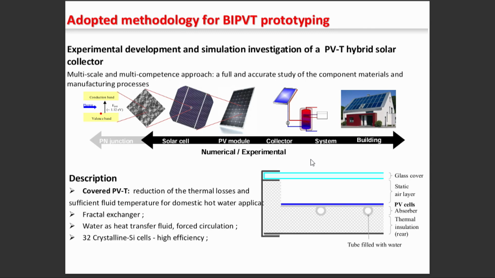So for the prototype that we are developing, we are not manufacturing the cells, but we are able, especially in collaboration at INES with the CEA, to manufacture PV modules. PV cells is delicate.